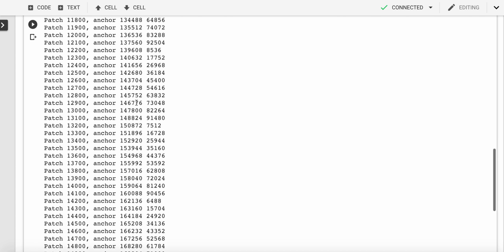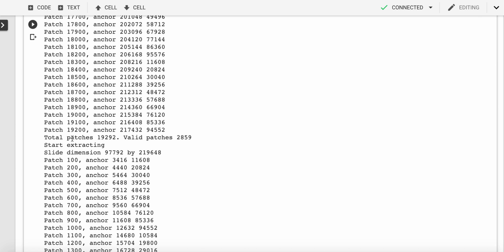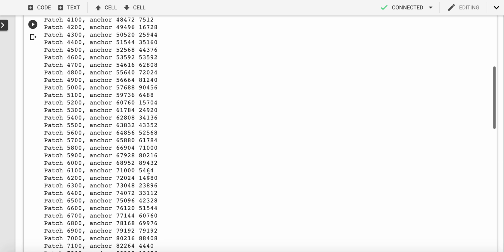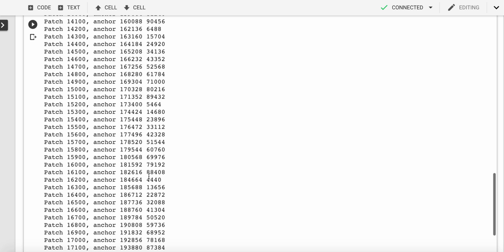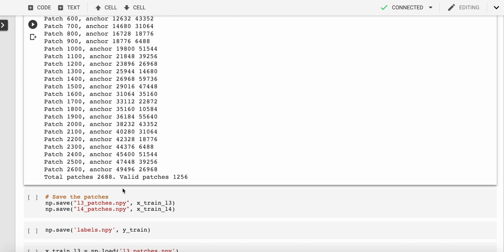This is just a summary of the total patches in each slide. For the first slide, we have more than 19,000 patches, but less than 3,000 are actually valid. It's the same for the second slide.